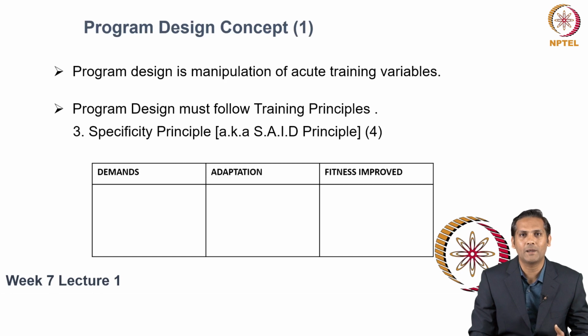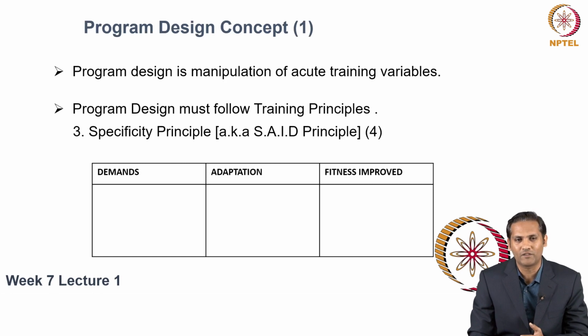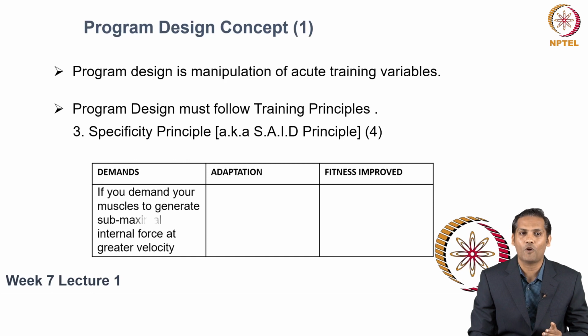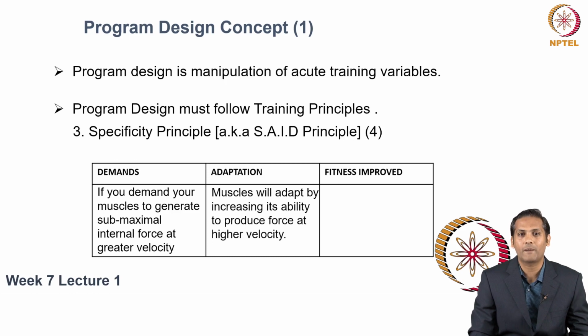Applying the similar concept of the principle of specificity for other fitness variables, consider the demand for generating submaximal internal force at greater velocity. If you demand this kind of activity through an exercise, your muscles will adapt by increasing their ability to produce higher force at higher velocity. And the ability to produce higher force at higher velocity is nothing but your muscular power.